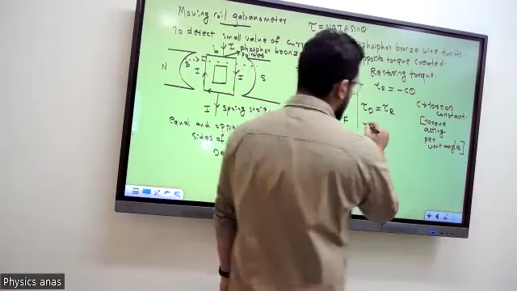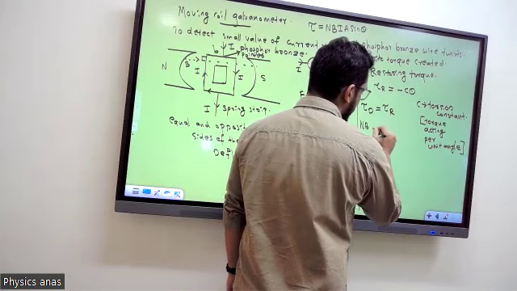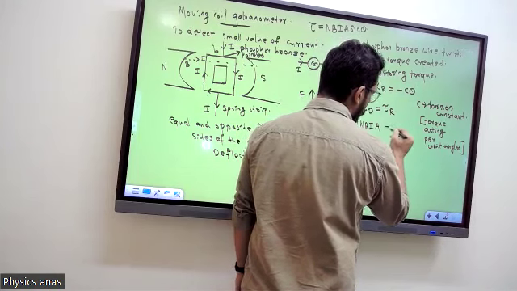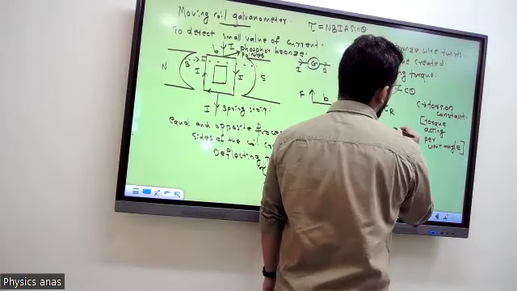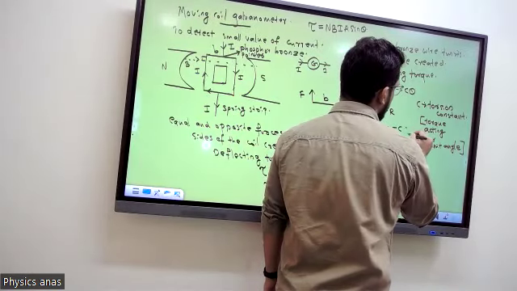Then you can equate these equations. NBIA is the deflecting torque. And what is the restoring torque? Restoring torque is minus C theta.